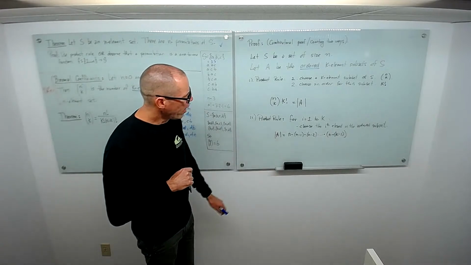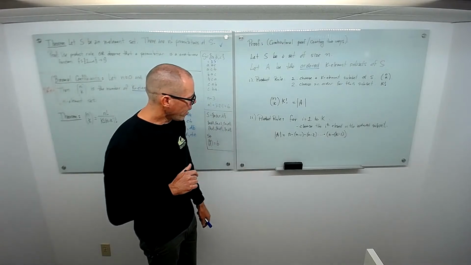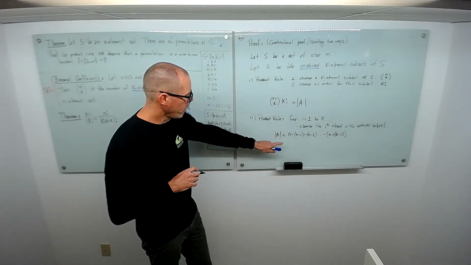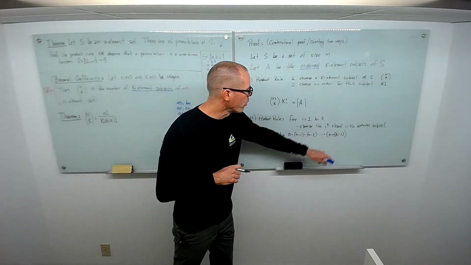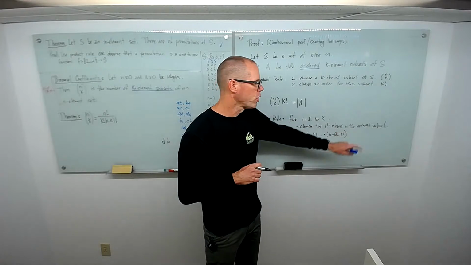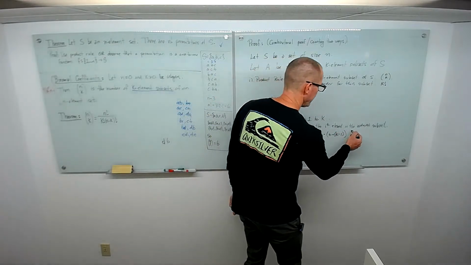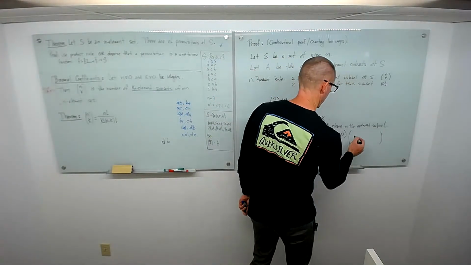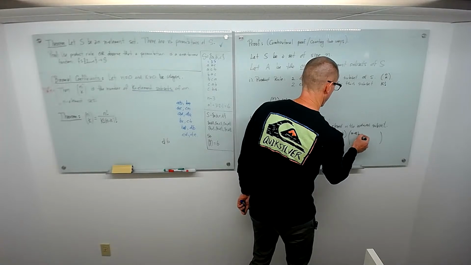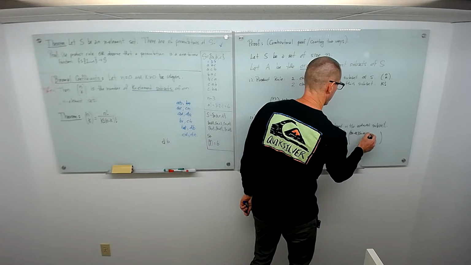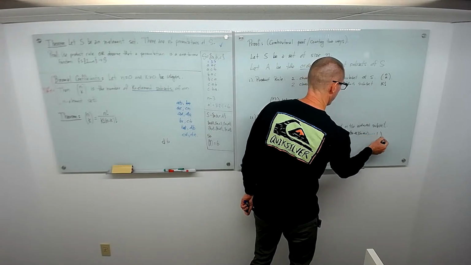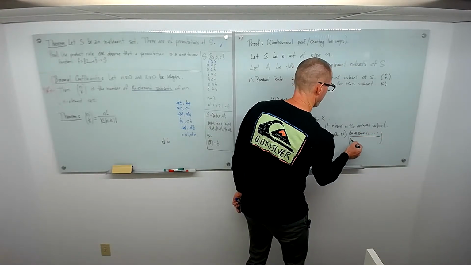So again, we have something that starts out to look like a factorial, but doesn't quite finish. So let's complete it. Here we get n minus k would be the next thing, and then n minus k minus 1 all the way down to 1. We put that on the top and bottom.